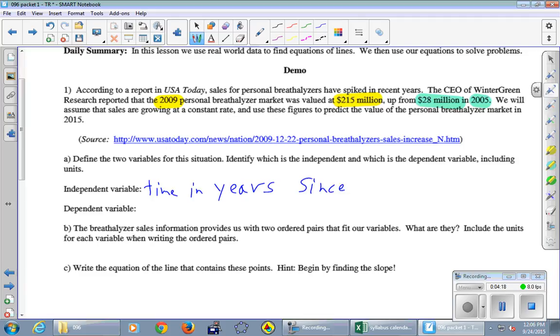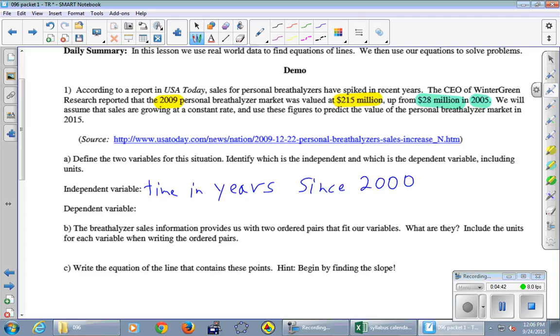Since we don't have to plug in literally the number 2009, let's just rescale it. Can we just scale it to 2000? Is that easy enough? Since the year 2000, is that all right? Yep. Okay, and then the dependent variable, I guess, is the other one. It involves money.